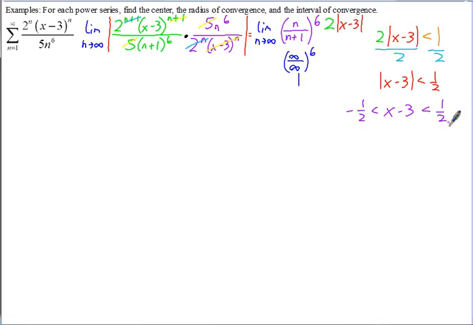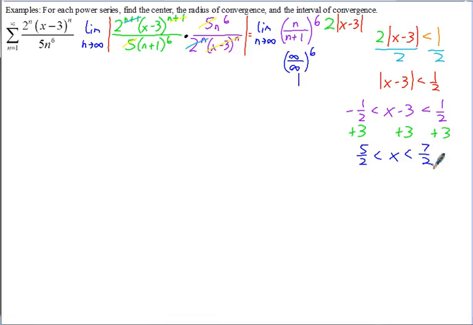See how you write it as a compound inequality. Then you just add 3 to all those. You get the x by itself in the middle. And adding 3 is the same as adding 6 over 2, so that would be 5 over 2 is less than x, which is less than 6 over 2 plus 1 over 2 is 7 over 2.